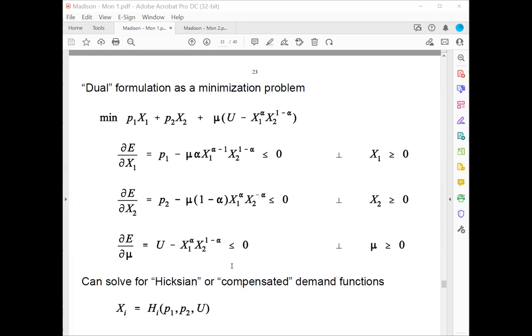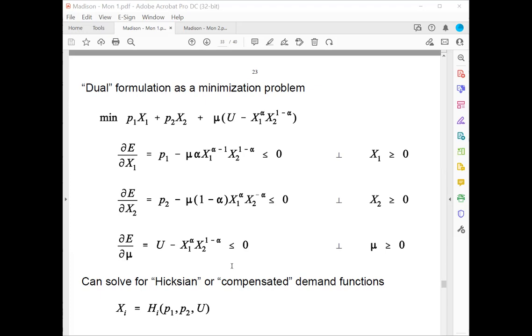So this is sometimes referred to as the dual of the Marshallian problem, which is to minimize expenditure necessary to hit a target level of utility. So U here is fixed as a parameter. You want to get a certain level of utility, and what is the cheapest way of doing that?